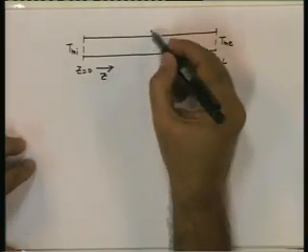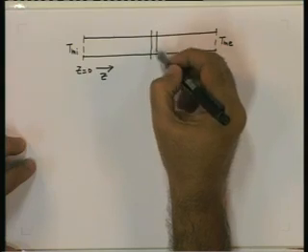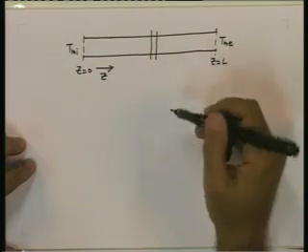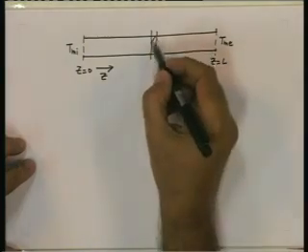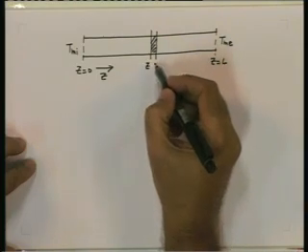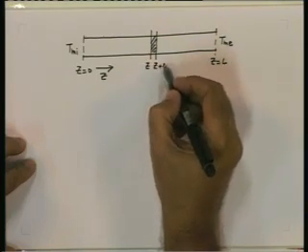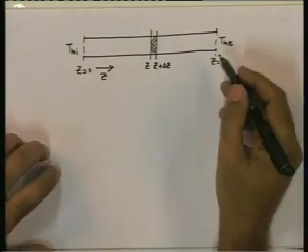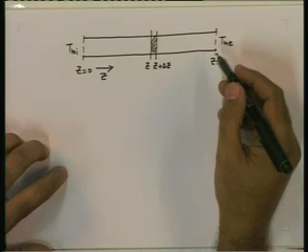Let us take a small slice and consider it as a control volume. In this control volume, thickness delta Z. So one wall is at Z, another wall is at Z plus delta Z.